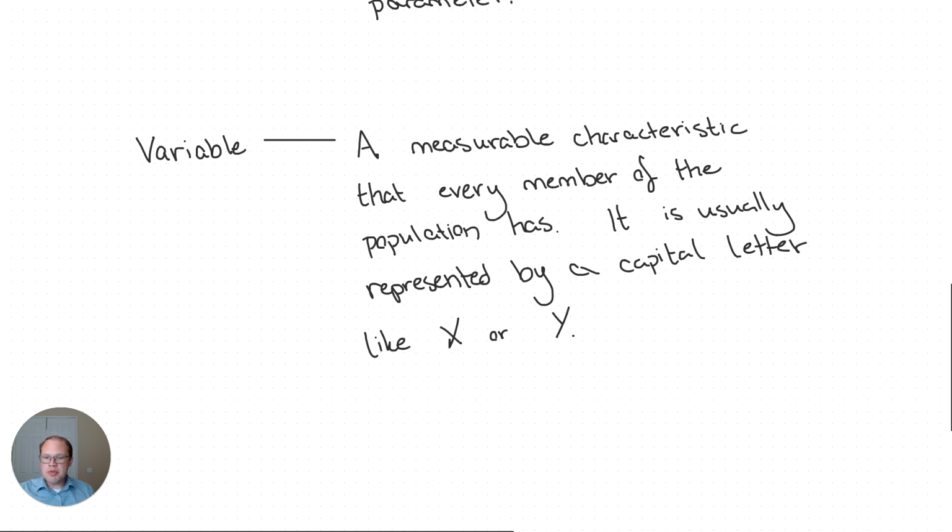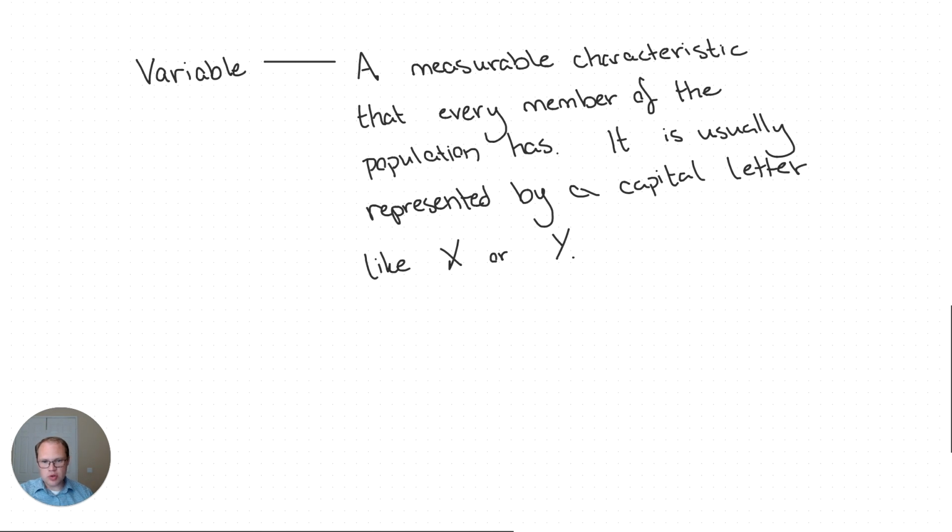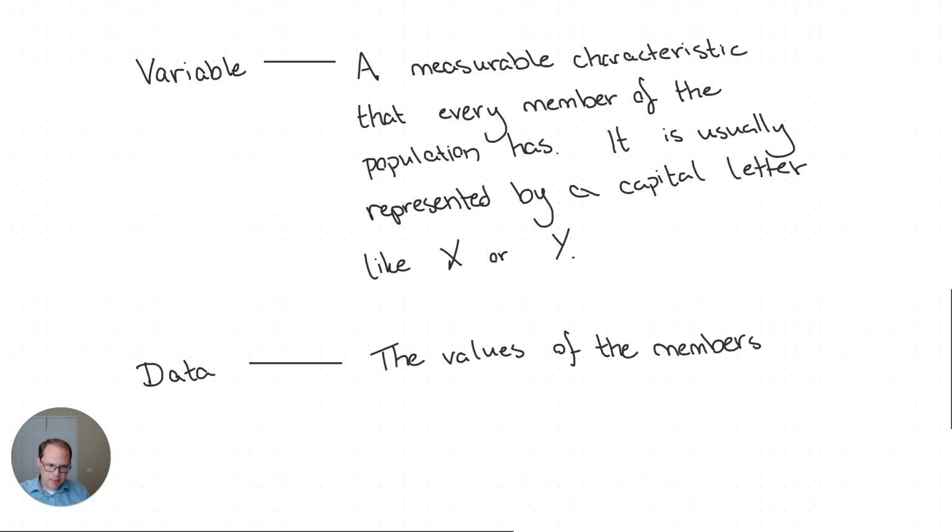Okay, their answers are the data itself. So don't confuse variable with the data. The data is kind of the answer to the variable, and the data can be different for every person. Okay, the data are the values of the members of the population corresponding to the variable.